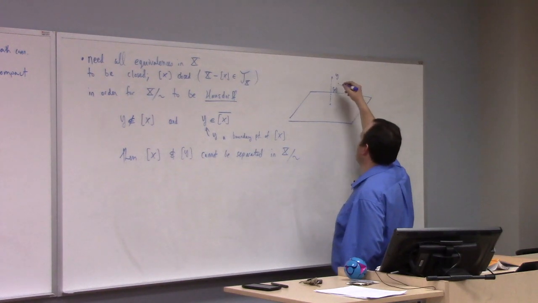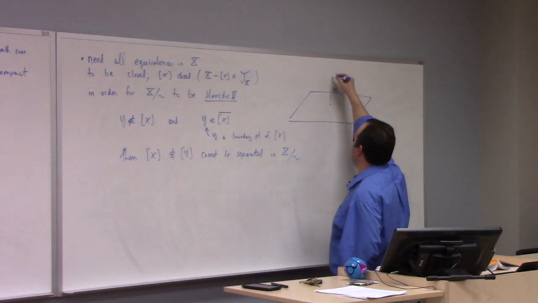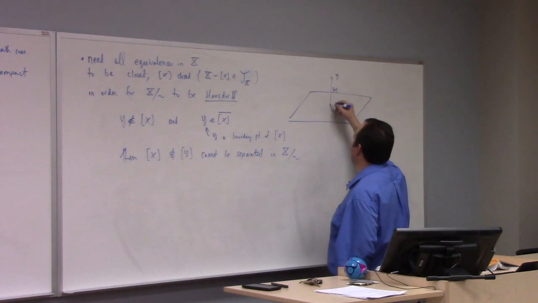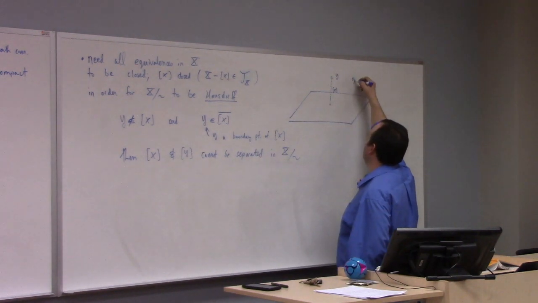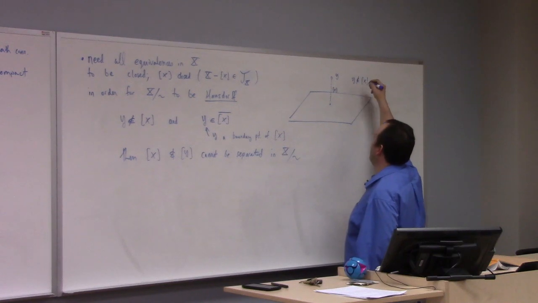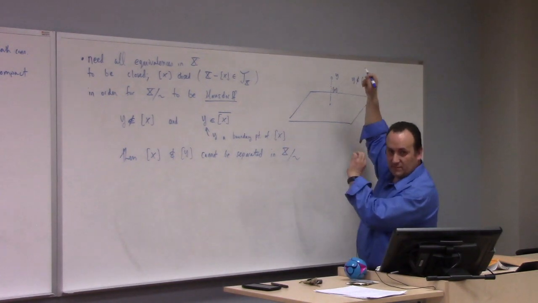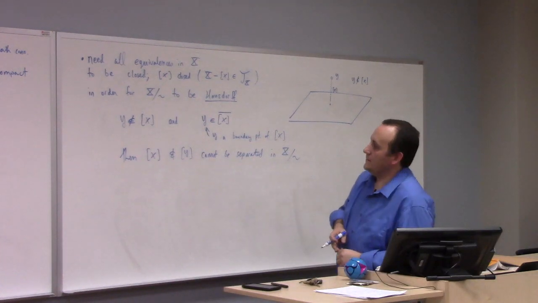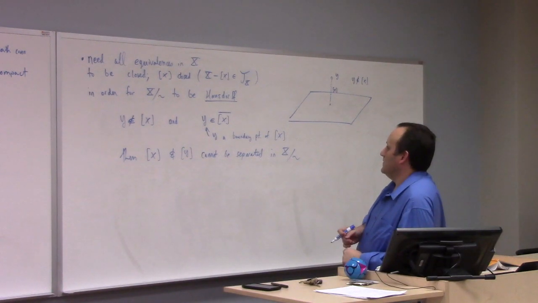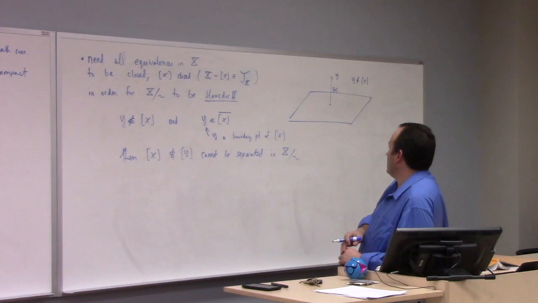I want to say that y is up here, and y is not an element of that, but it's right on the boundary of it. So why is it that the equivalence classes of x and y cannot be separated in X mod tilde?